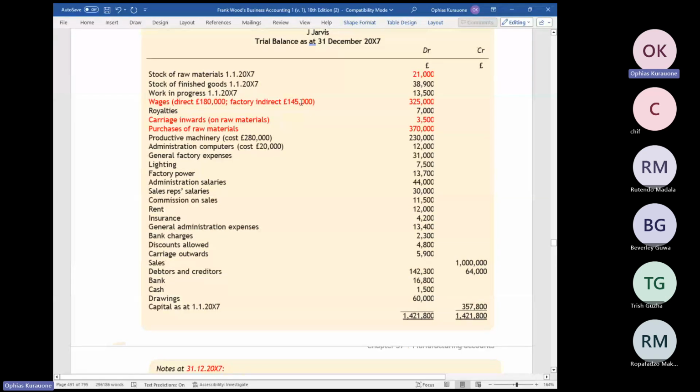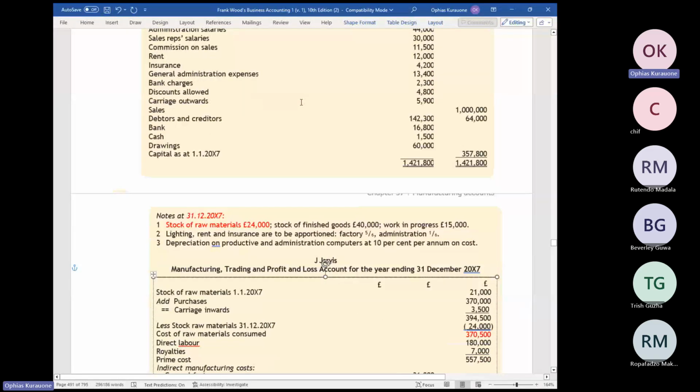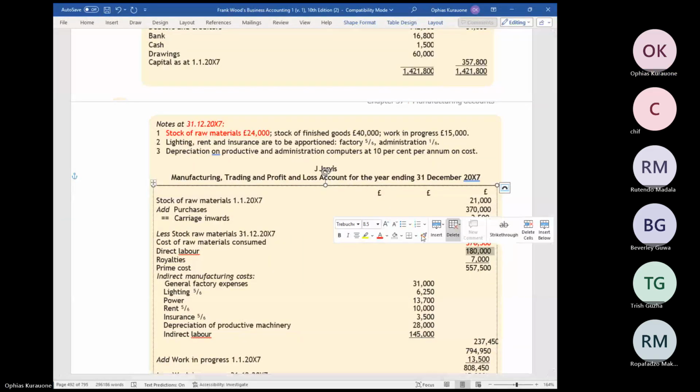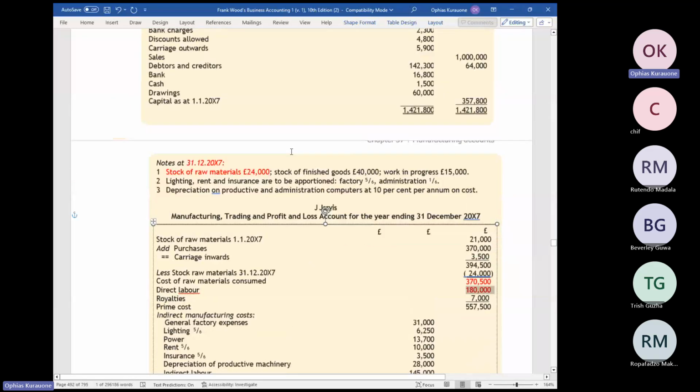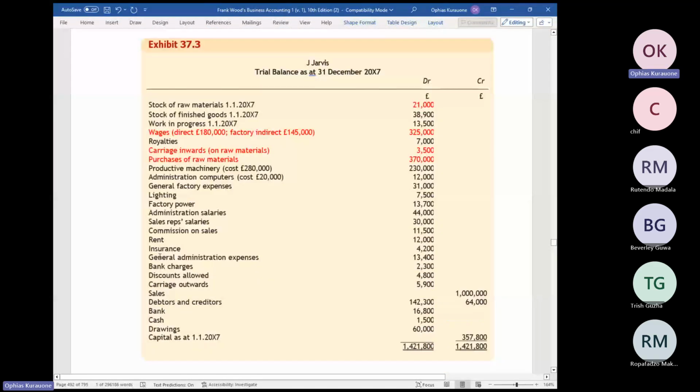This one won't come under prime cost. So for the prime cost here, we write the direct labor 180,000. Then after 180,000, you go to royalties. As we had already said, the royalties are part of the direct expenses.